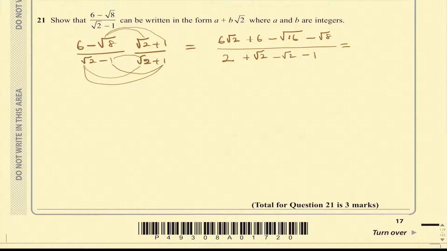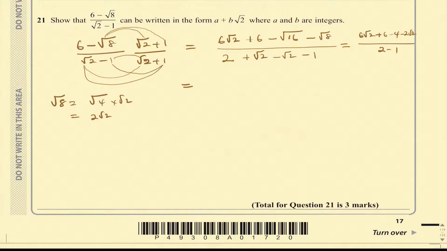So we're going to get, well, root 8 is root 4 times root 2, which is 2 root 2. And root 16 is 4, so I'm going to get 6 root 2 plus 6 minus 4 minus 2 root 2 over 2 minus 1.